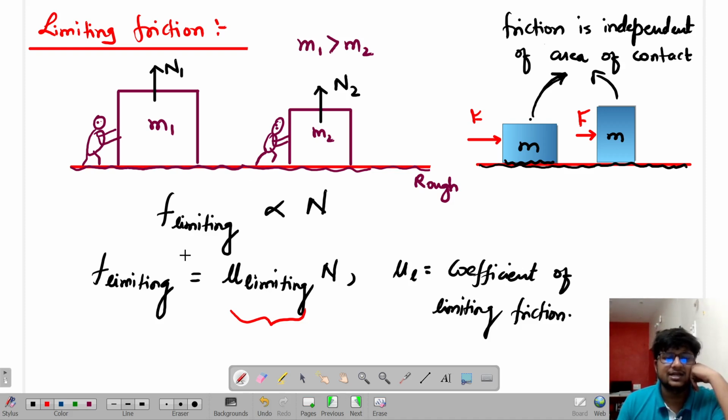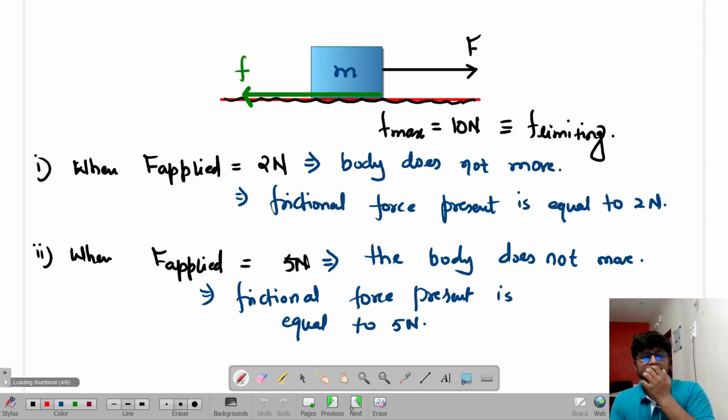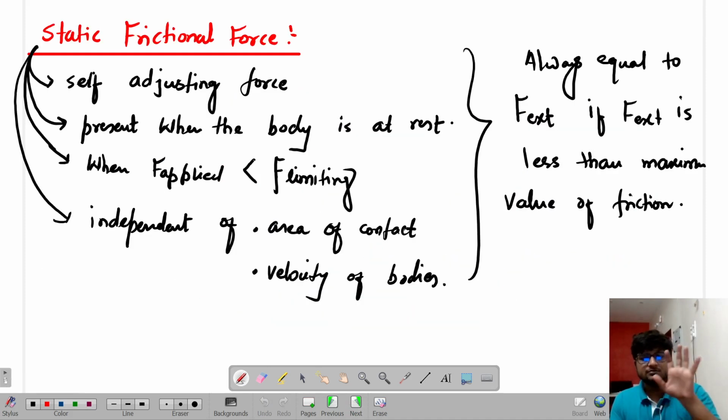So these all things are described by this mu limiting. Now, as you see, when F limiting I'm applying, this is the state. This is also the force present when the body is still at rest. Let me just be clear, first of all. Means I applied some F external, and this F external is exactly equal to F limiting.